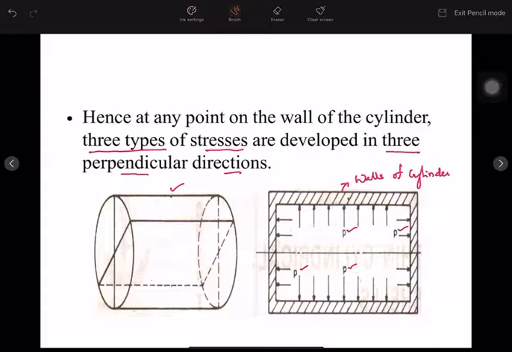Further, we'll discuss what those stresses are, how we can calculate them, and how they will affect the dimensions of the cylinder.